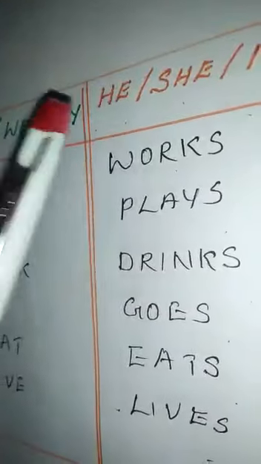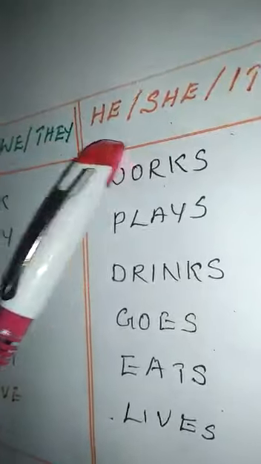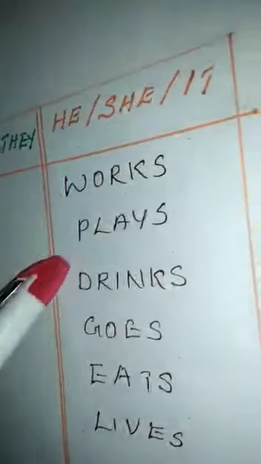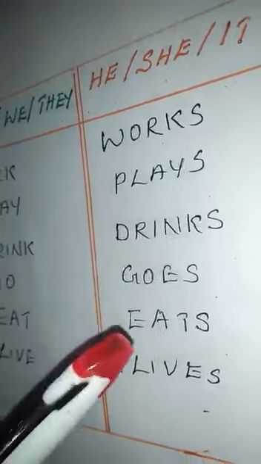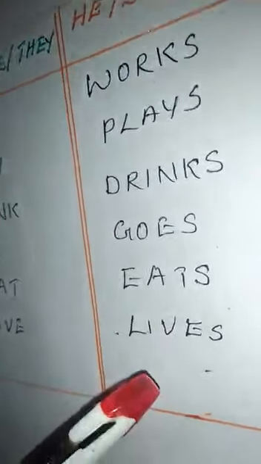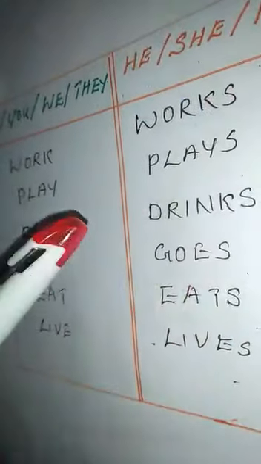When we use the singular subjects he, she, or it, we use works, plays, brings, goes, eats, lives. That is the S form of the verb. Now, my dear children, I think you understood that when the subject is singular, we use S or ES form of the verb. When the subject is plural, we use base form of the verb.